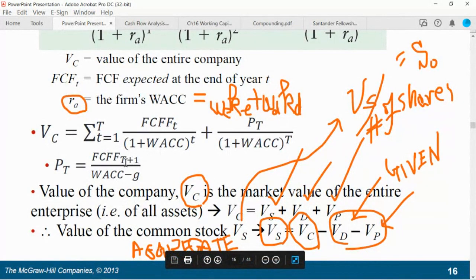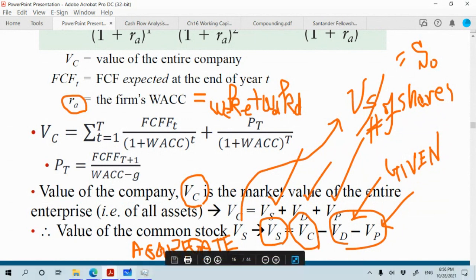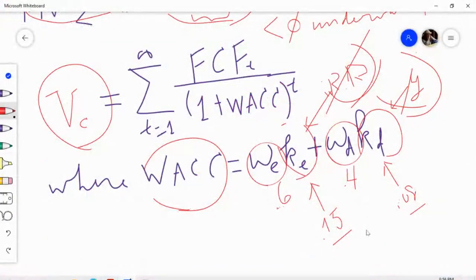What's in the numerator is time t plus 1, and what's in the denominator is return, right? The weighted average cost of capital is the average return. Return minus g, R minus g. So where else did you see this? Oh, come on, guys.